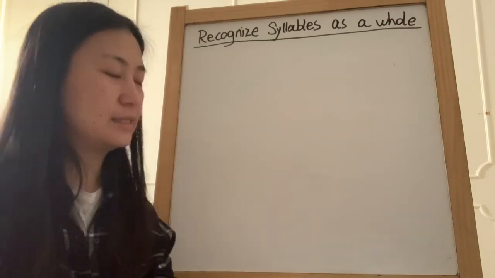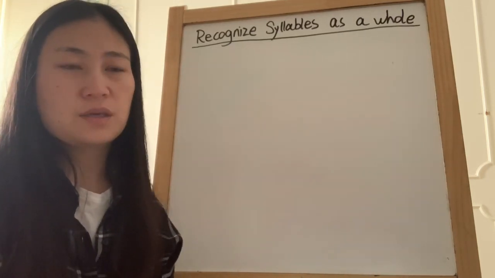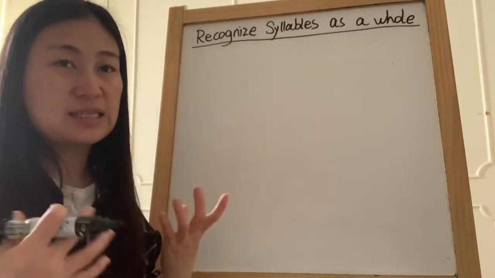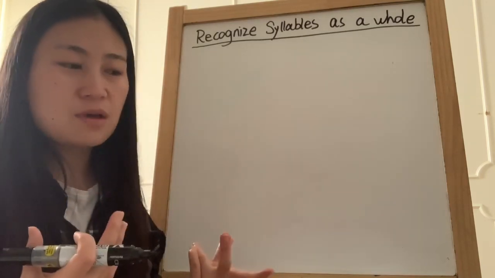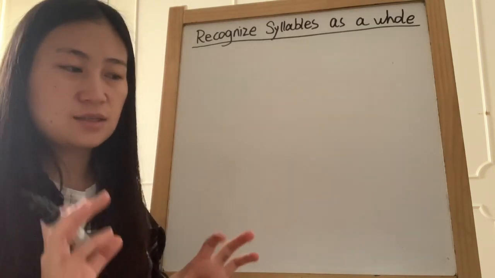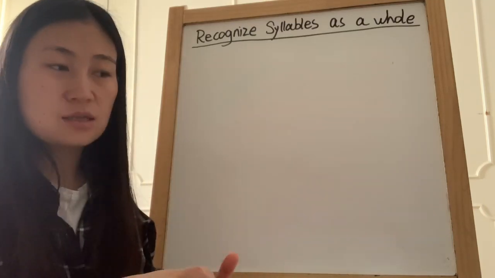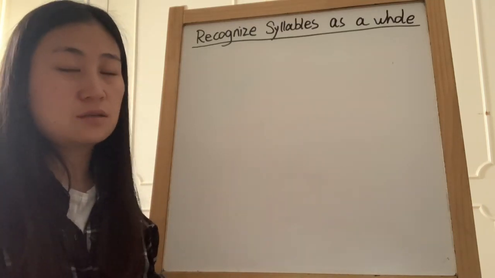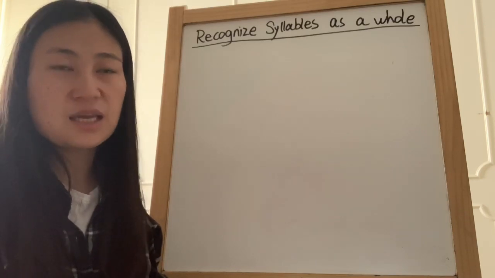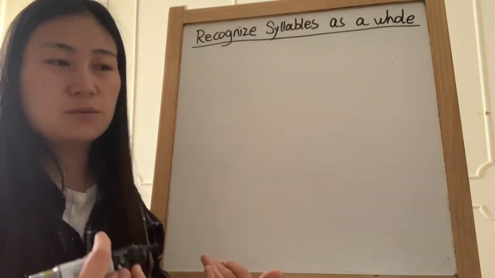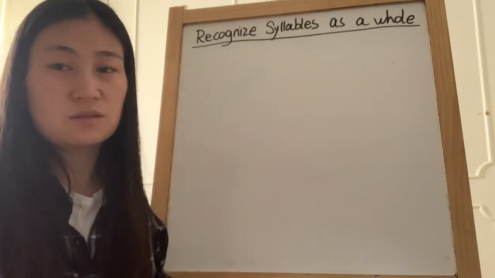Okay, so recognizing syllables as a whole means we don't spell it, okay? Never spell it, because we can't. Because when we spell it, it doesn't sound the same and doesn't make any sense, because that syllable doesn't exist in the Chinese language, for example.